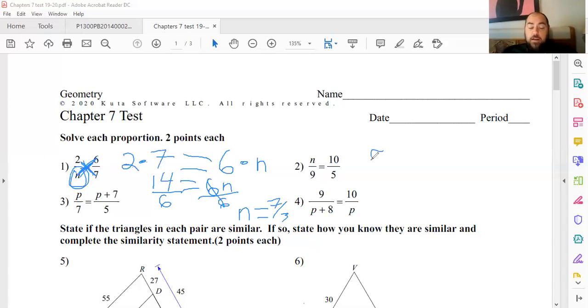We're going to go 5 times n equals 9 times 10, and that's going to give us 5n equals 90. Then we divide by 5, and we get n equals 18, since 90 divided by 5 is 18.